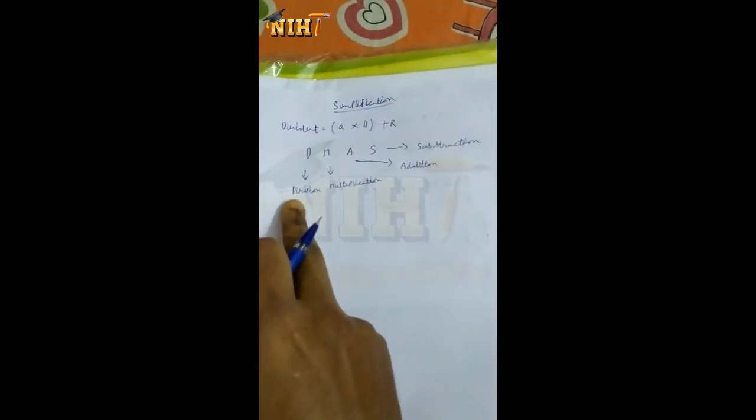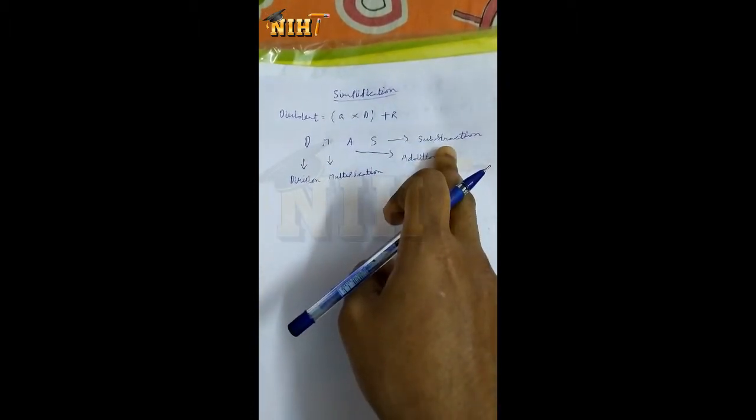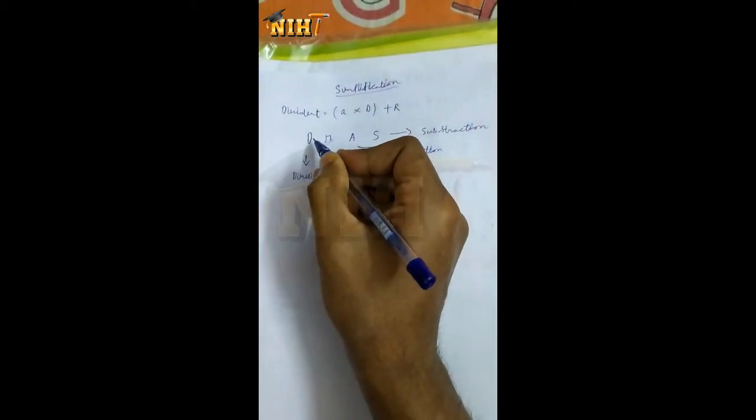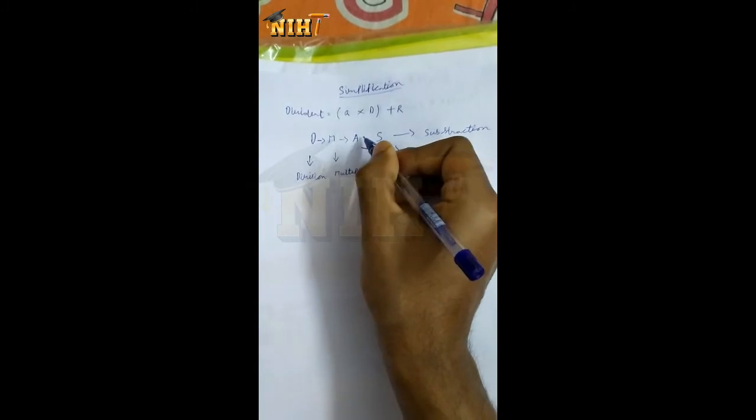It will be in sequential order: first D will happen, then M, then A, and then S.